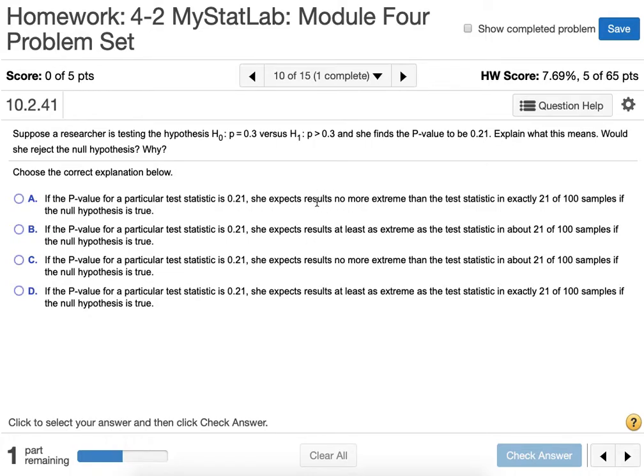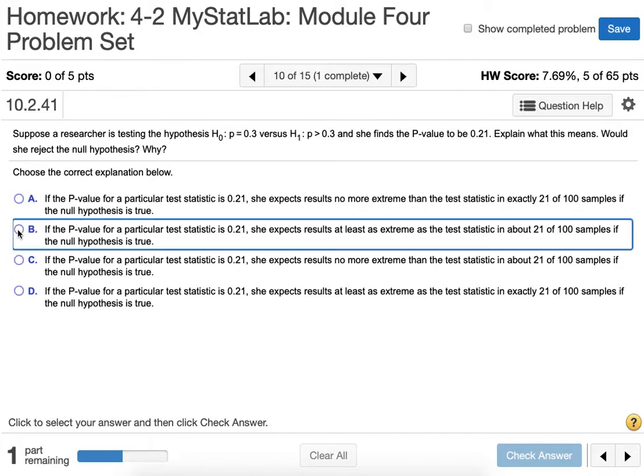So this wouldn't be right, not no more extreme. They all start off with the exact same clause. If the p-value for a particular test statistic is 0.21, she expects results at least as extreme as the test statistic in about 21 of 100 samples if the null hypothesis is true. All right, that sounds right on track to me.